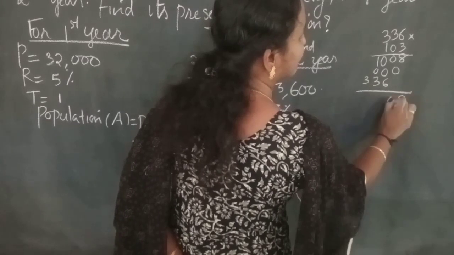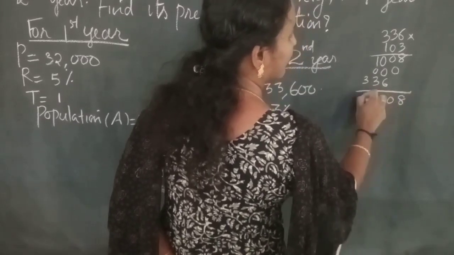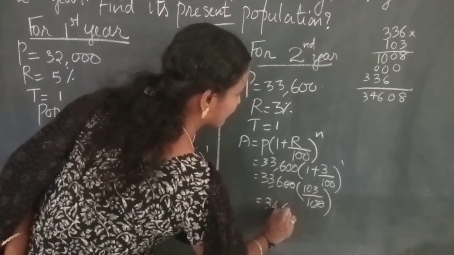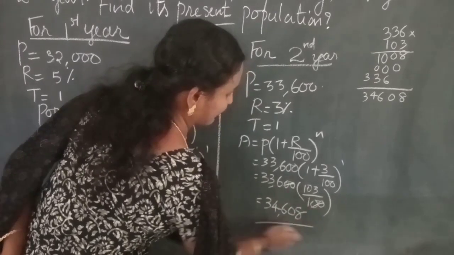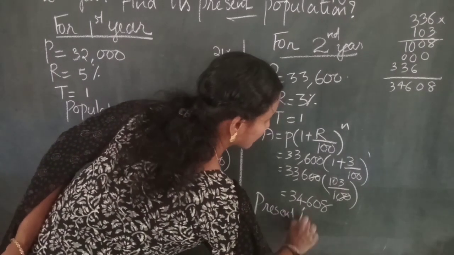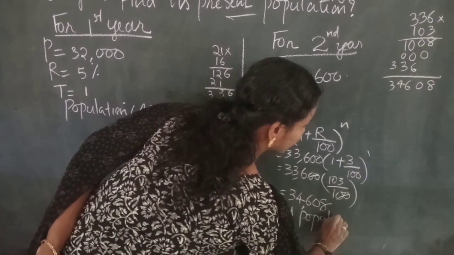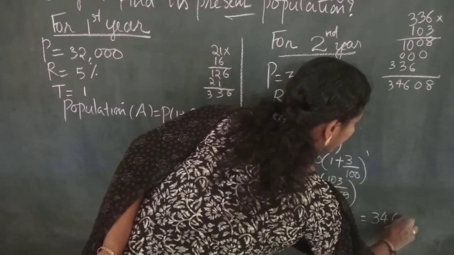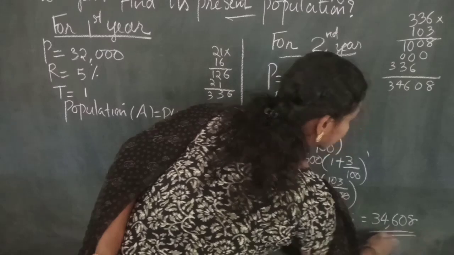Adding 8, 0, 6, 4, 3. So is equal to 34,608. Present population is equal to 34,608.